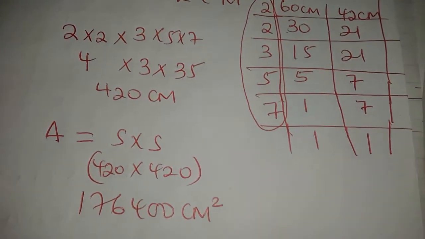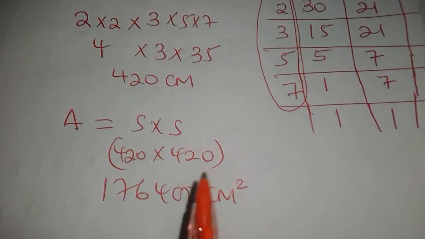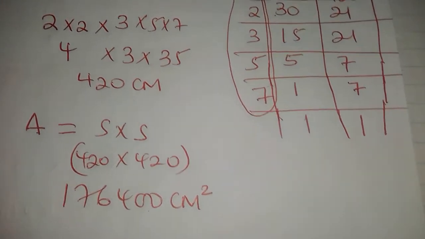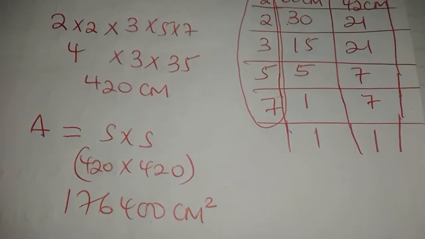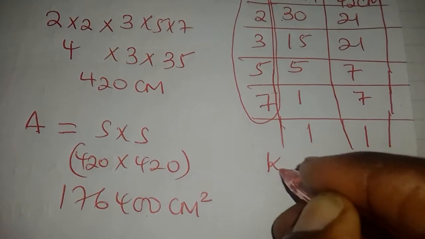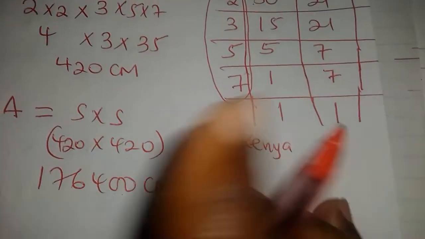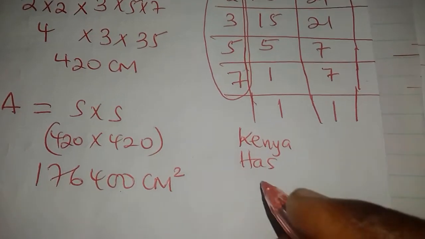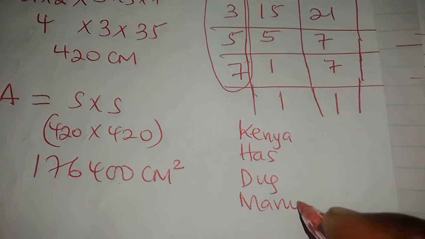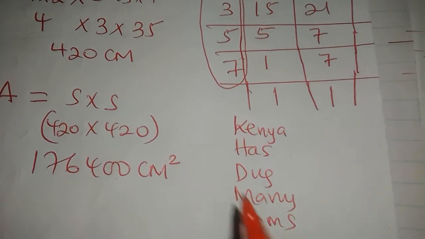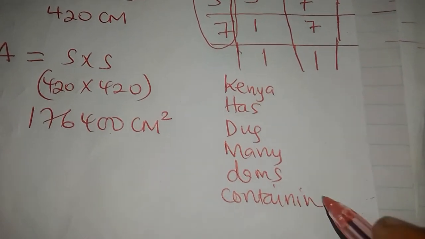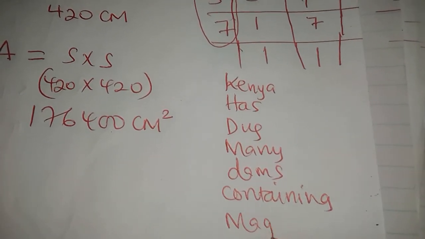Then I'm supposed to get this answer in meters squared. So I've come up with this aspect of understanding how one unit of measurement relates to the other. I've always said: Kenya has dug many dams containing magic.